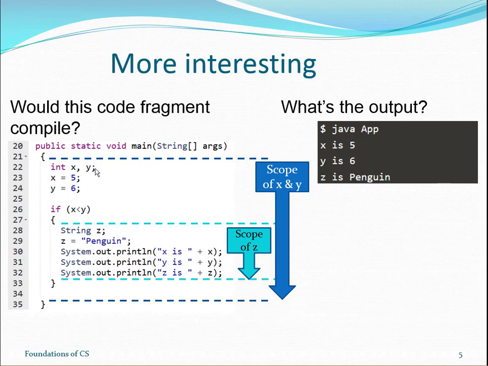So X and Y go into scope here, and they're in scope throughout this entire method. In contrast, we only declare Z inside of this inner code block, the if's code block. And so Z is only in scope until we leave the if.